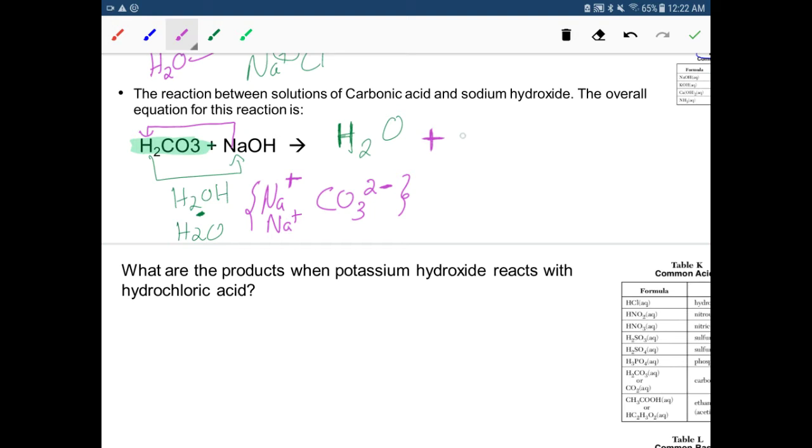So our product is going to be Na2CO3, because we use 2 Nas to balance the charge of the compound. You have 2 pluses, 1 2 minus, they cancel out, giving us a charge of 0, which is the overall charge of this compound, of the salt.